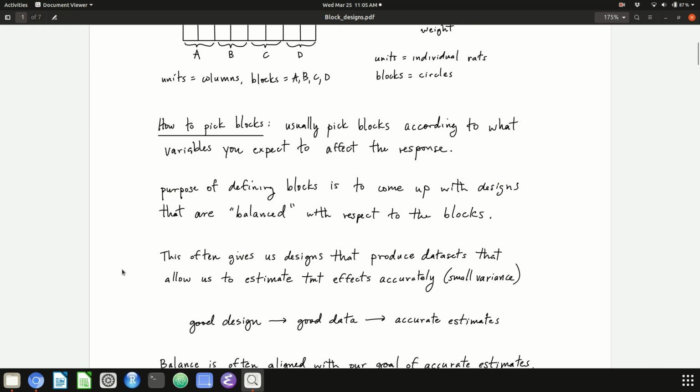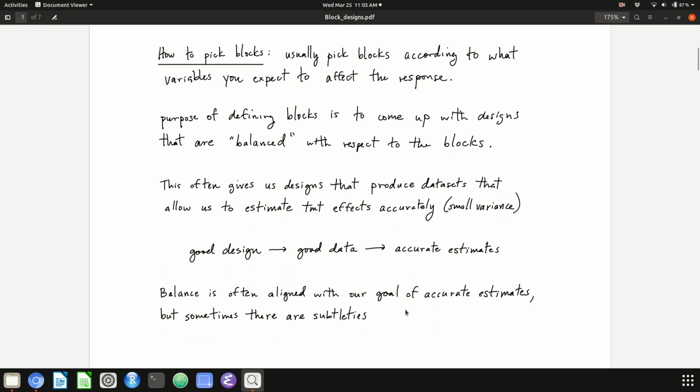So good design can lead to good data, can lead to accurate estimates, which is our real goal. This concept of balance that we'll define in a minute is often aligned with our goal of accurate estimates, but sometimes there can be subtleties. We'll go through a couple of those subtleties in the course of this lecture.